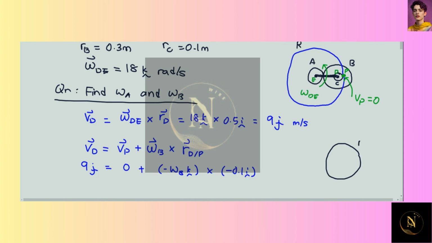Just to enlarge the diagram, this is B, and this is C, and we have D at this point, and P is this point. The radius of C is 0.1, so from P to D is minus 0.1I.